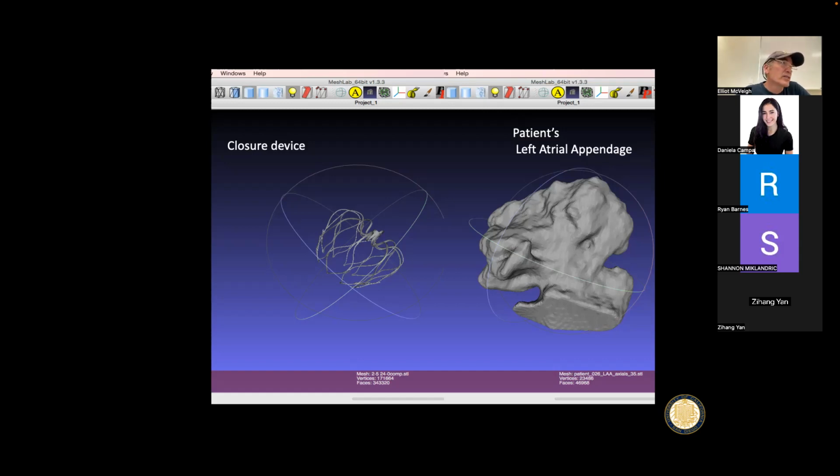A lot of centers use CT in every one of these cases to get the absolutely correct sizing on this thing. If you look at the actual instructions, when you open the box, they say you have to use transesophageal echo at least to size this, and you do this under TEE guidance. So you're in the cath lab, you're pushing this thing in, and you have transesophageal echo guidance.